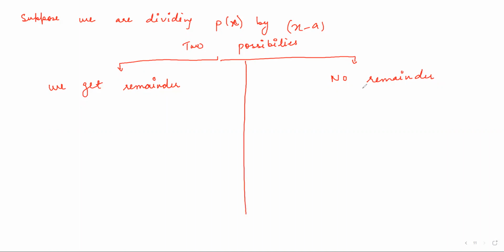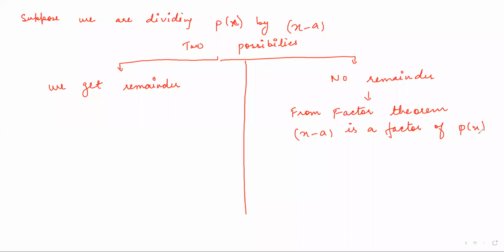If there is no remainder, then from the factor theorem we can say that x minus a is a factor of p(x). So this theorem will be applied when there is no remainder.